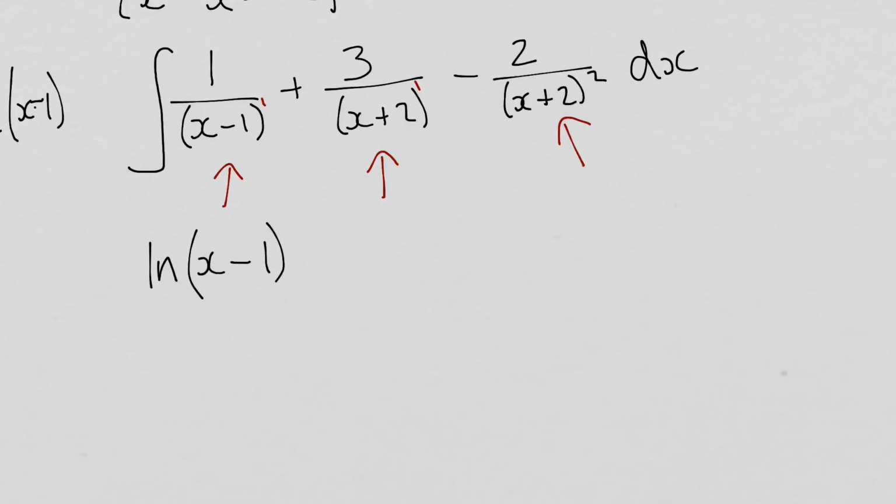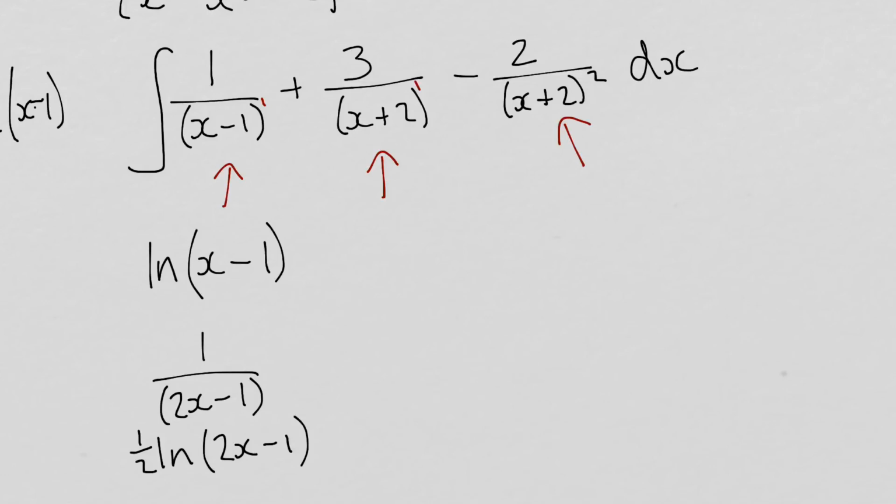Just a reminder though, had that been 1 over 2x minus 1, then we would have needed to realise that integrating this would have given us ln of 2x minus 1, and to compensate for the 2 there would have been a half when we differentiated. However, we don't need to worry about that in this case, but it is worth bearing in mind.